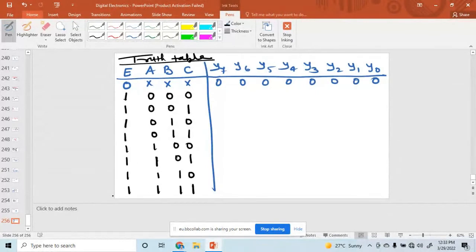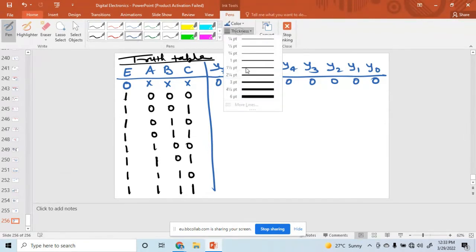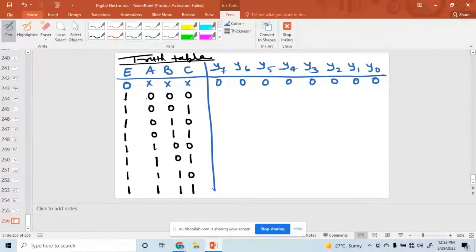So when the enable line is high, the output depends upon ABC. When all three are zeros, only Y0 is high, the others are 0. Simply put a 0 there.